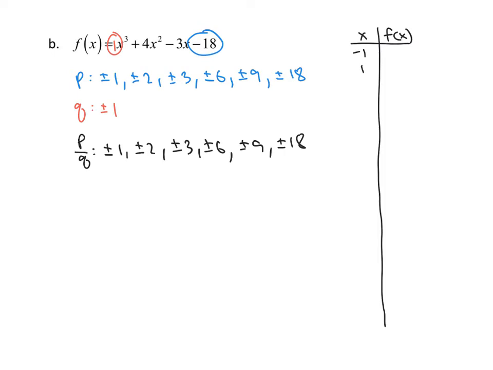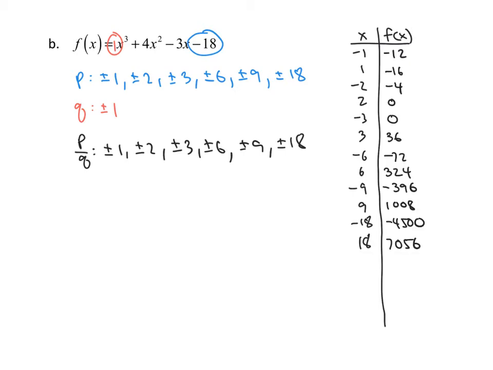Negative 1, 1, negative 2, 2, negative 3, 3, negative 6, positive 6, negative 9, 9, negative 18, and 18. And then we just plug them all into f of x and see which ones actually give us 0.